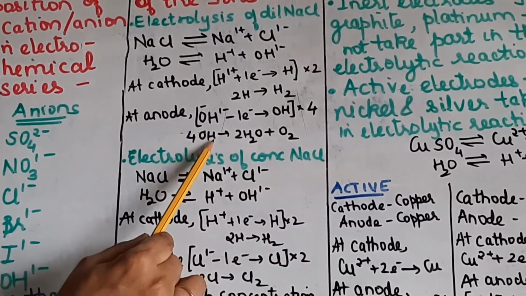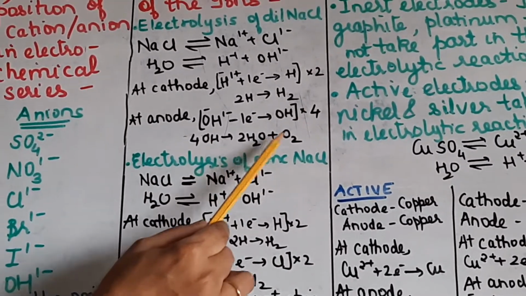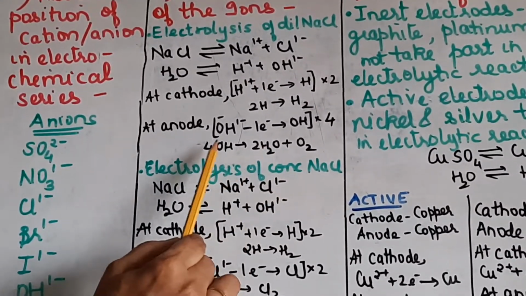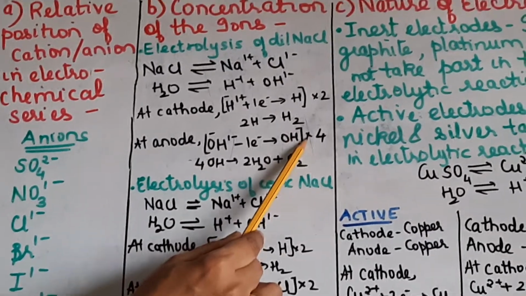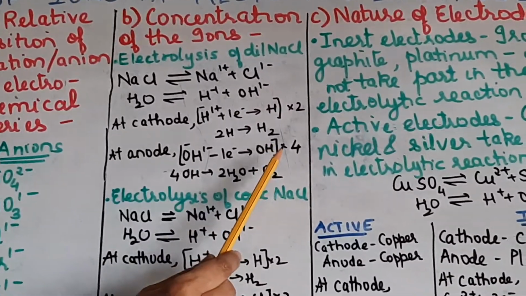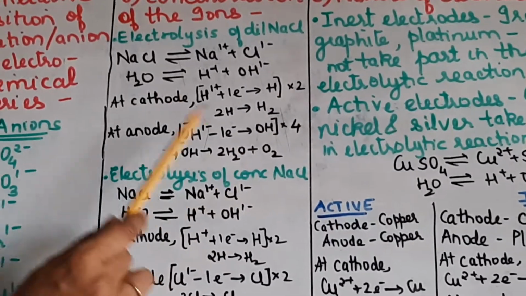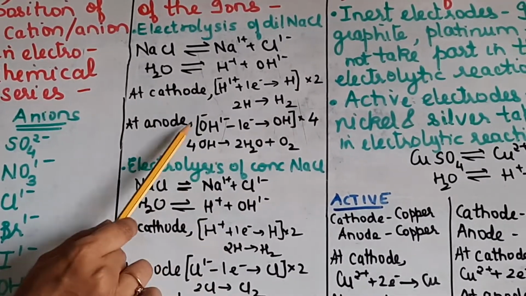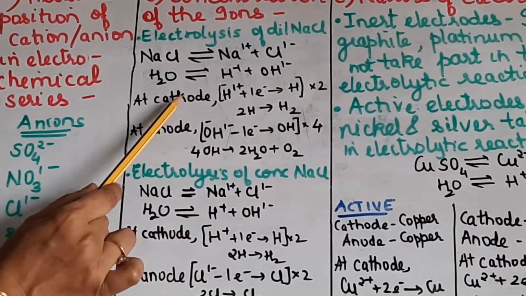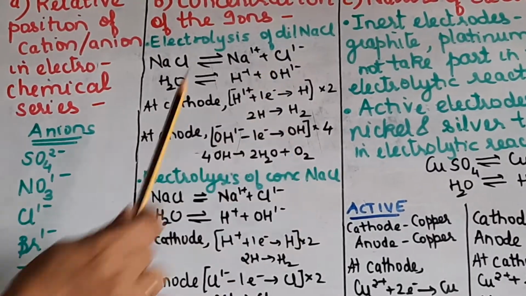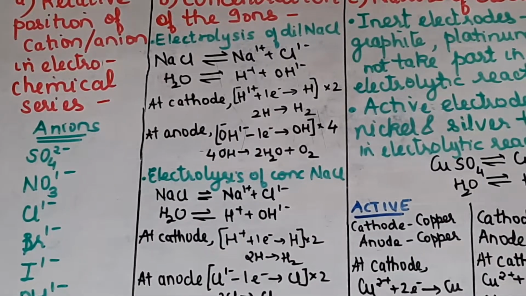So 4 OH will directly give you 2 water and 1 oxygen molecule. Now 1 oxygen has to be formed, that's why you have to multiply here by 4. Okay, is it clear? So at the anode oxygen is being liberated, and at the cathode hydrogen. So this is when dilute NaCl is being electrolyzed.